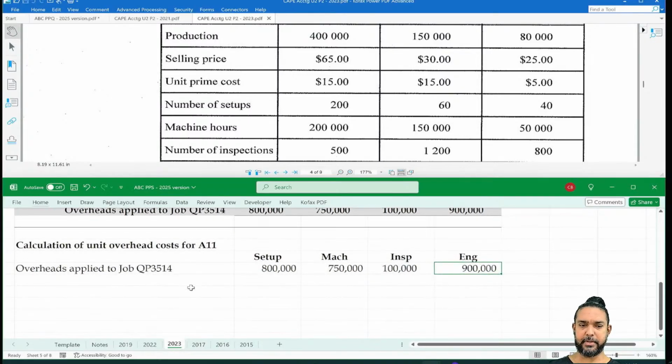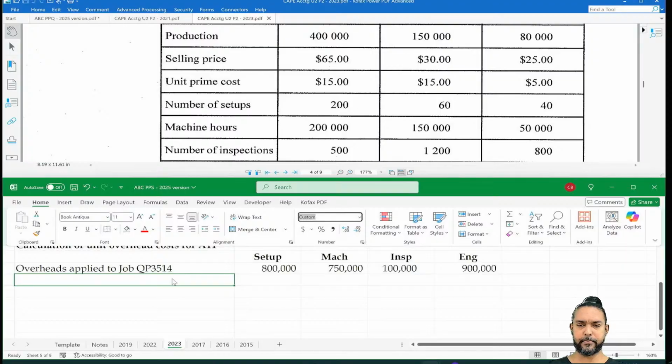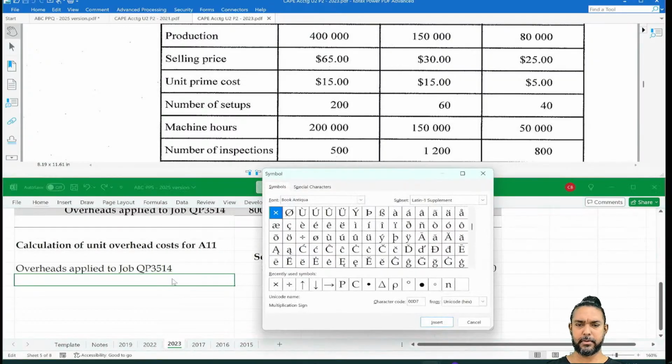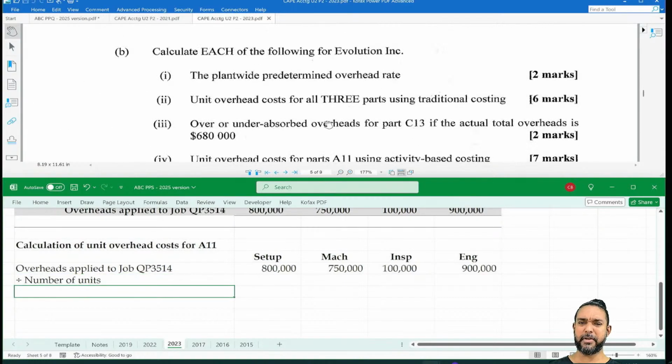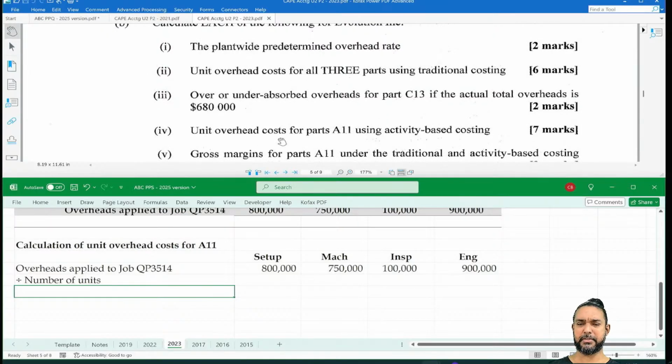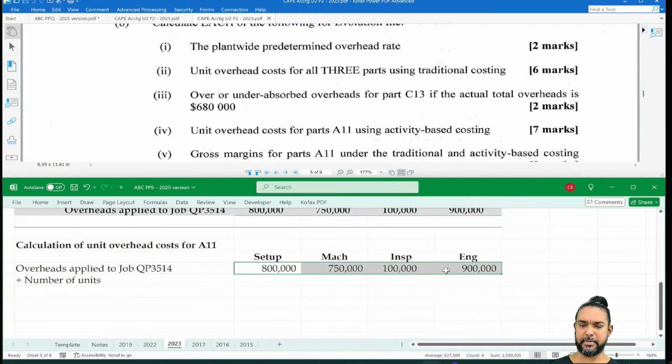And all we have to do here is divide by the number of units, right? Okay. Dumb question. Number of units. I feel like, because they said the unit overhead costs, right? Unit overhead costs. You know what? I'll do a total column as well, just in case that's what they want. That's what they actually want, right?